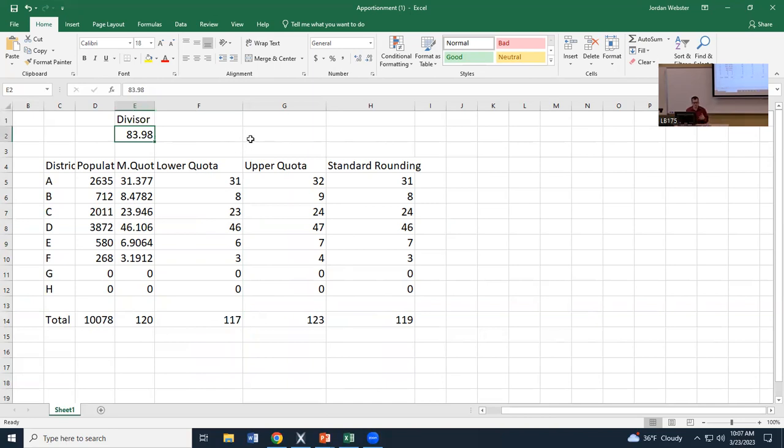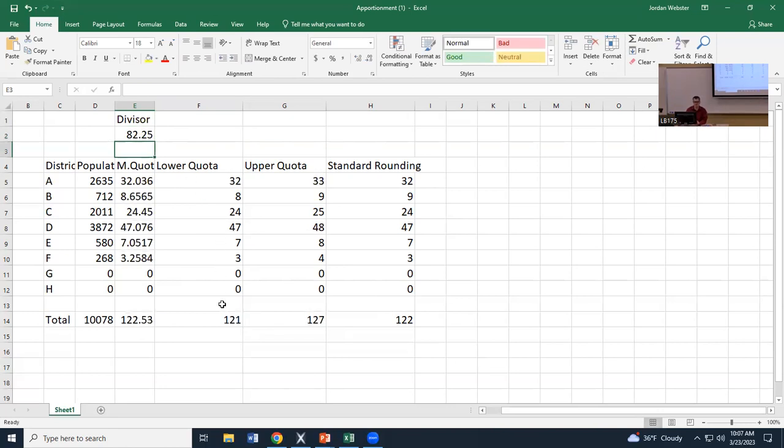So we're going to start reducing our divisor. Maybe I reduce it to 82. Oh, that was too far of a reduction. So maybe I increase that to 82.5. Oh, that gave me 119. So somewhere between 82 and 82.5. How about 82.25?